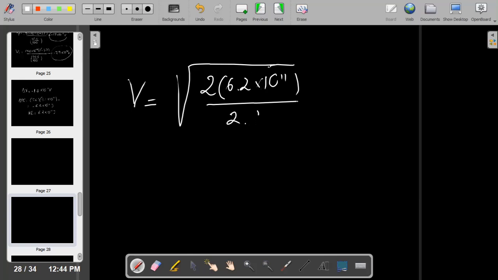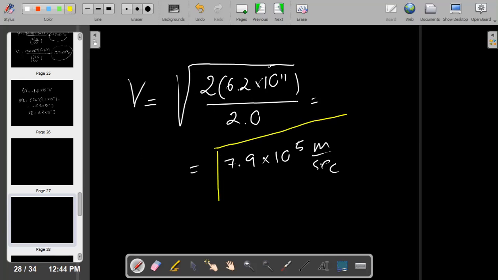It was 2 kilograms. So do the math, and your value right here is the 7.9 times 10 to the 5 meters per second that I mentioned at the beginning of the video. That was the value that you needed to find.